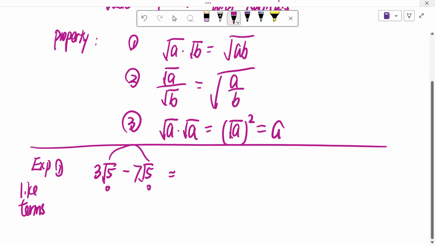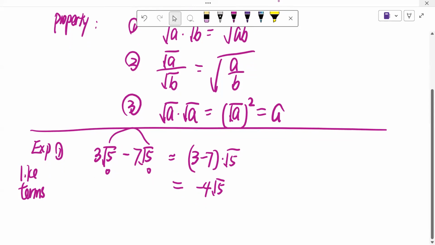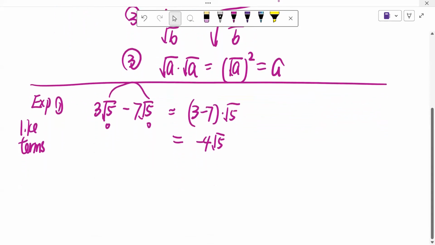Meaning we can treat radical 5 as like x, right? It's like 3x minus 7x. Or you can factor out the radical 5, put it outside, and we can subtract the coefficients, 3 minus 7. So that's how you combine like terms, right?